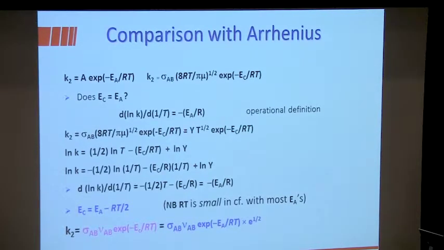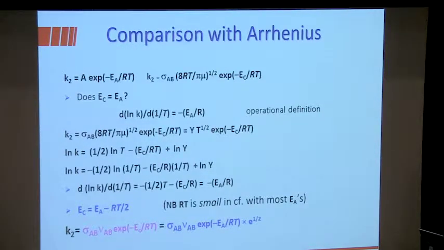If we just take out the constants, we can say it's equal to y, just put all the numbers in there, times T to the half, times the exponent of minus EC over RT. Don't worry what y is. It's just a constant. And then we have log k is equal to half log T minus EC over RT plus log y.